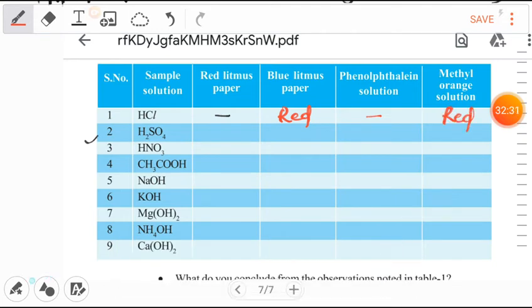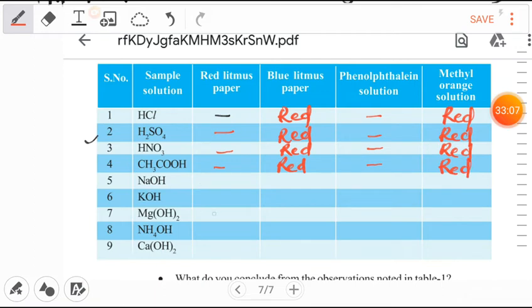So H2SO4, same. Red litmus, no change. Blue litmus turns red. Phenolphthalein, no change. Methyl orange, red. Same. HNO3, same. Red.